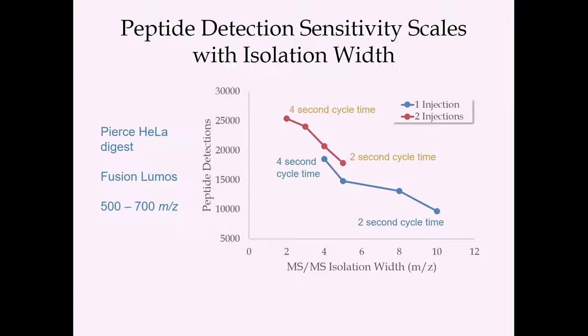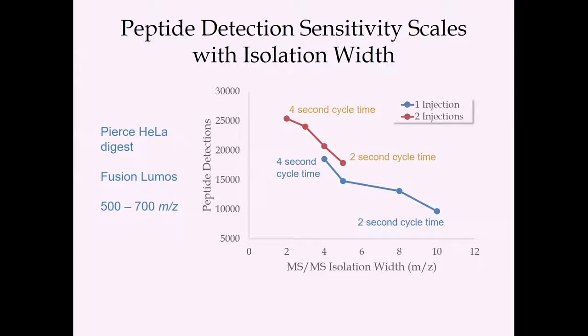It affected the number of things that we could detect dramatically. There's almost an inverse linear response dependent on the isolation width. So if you're going, here is about 10 mass to charge, and you're looking at around about 8,000 or so peptides. If you go down to 5, it's around about 13 or so.